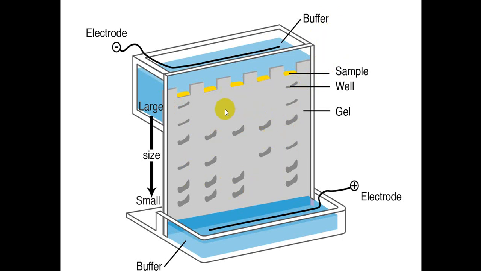It has been cast in a vertical section, so you can see it is standing. The sample is placed here, and one buffer tray is here containing buffer. Another one is here. And the gel is standing.